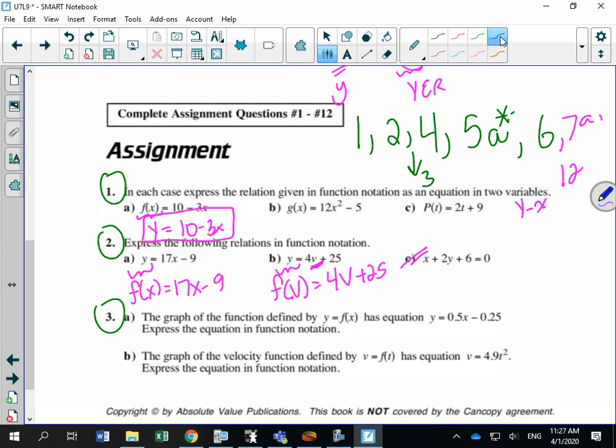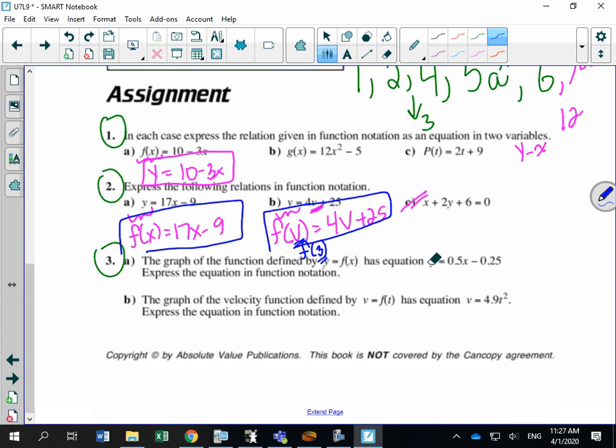Because now, if I say, well, what is f of 3? Every time I see a v, I'm going to put in a 3, right? So that would be your answer for B. So we just did number 2 together. Number 3, express this in function notation, right? So easy, take out that y, put in f of x. This one, express this equation, it's in two variables, in function notation.